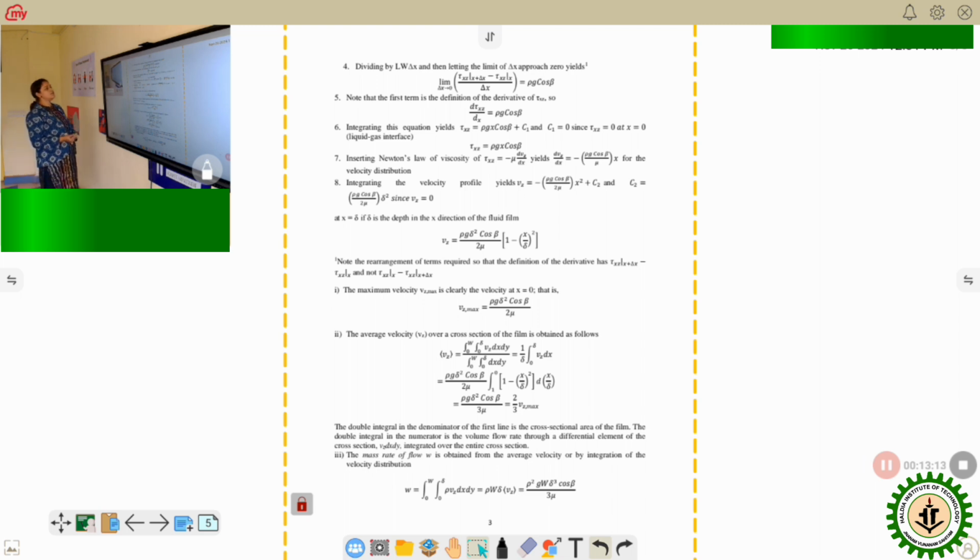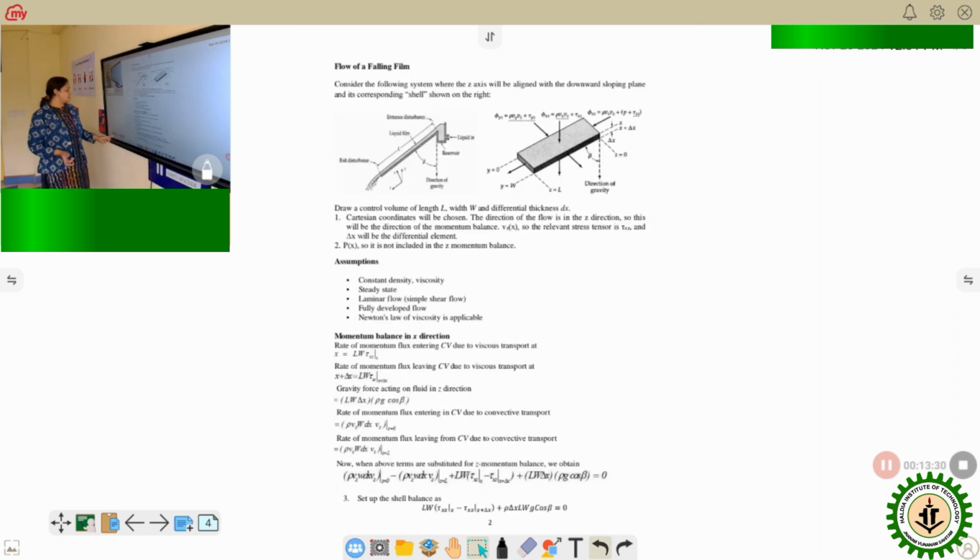So finally we got the velocity distribution of the falling film, the maximum velocity of the flow through the falling film, the average velocity, and also the mass rate of flow of the falling film. After that, we sum up all the portions that I have taught till now.